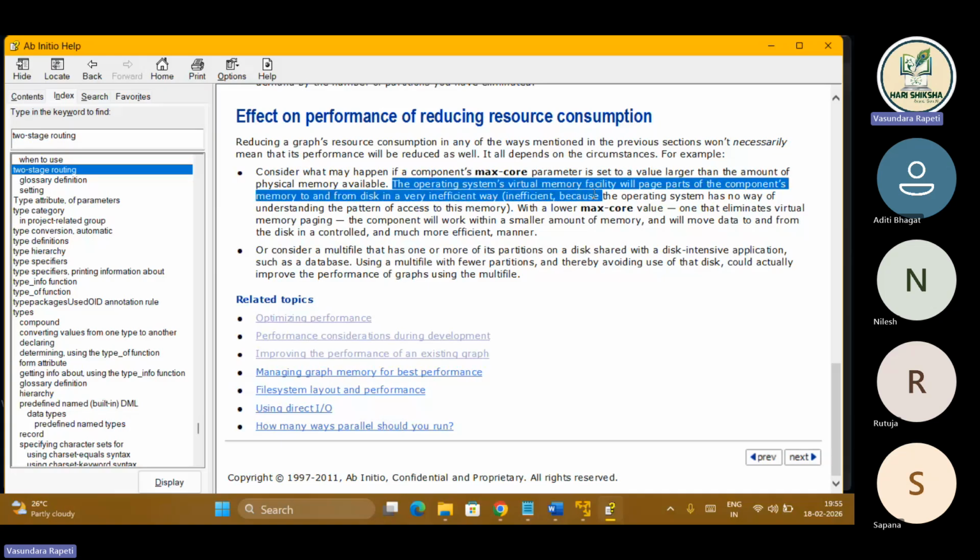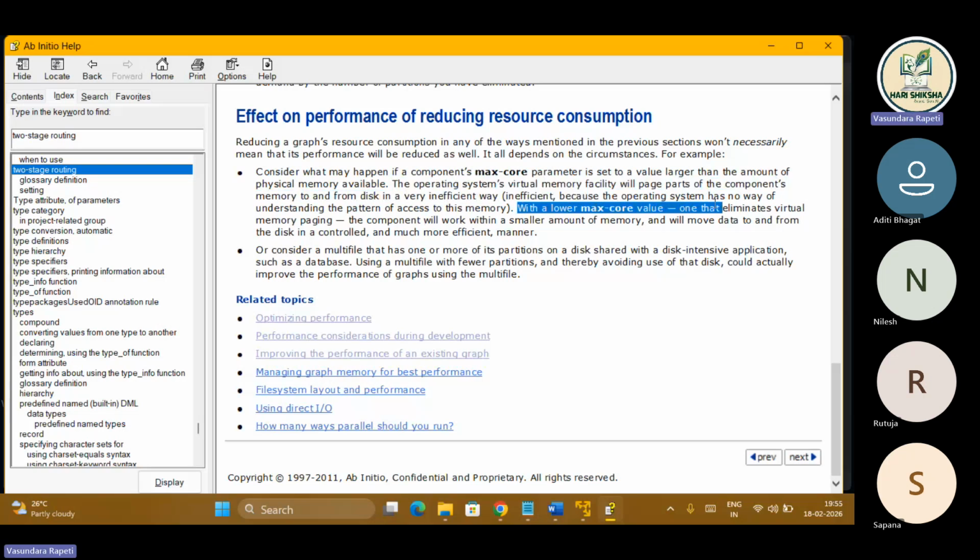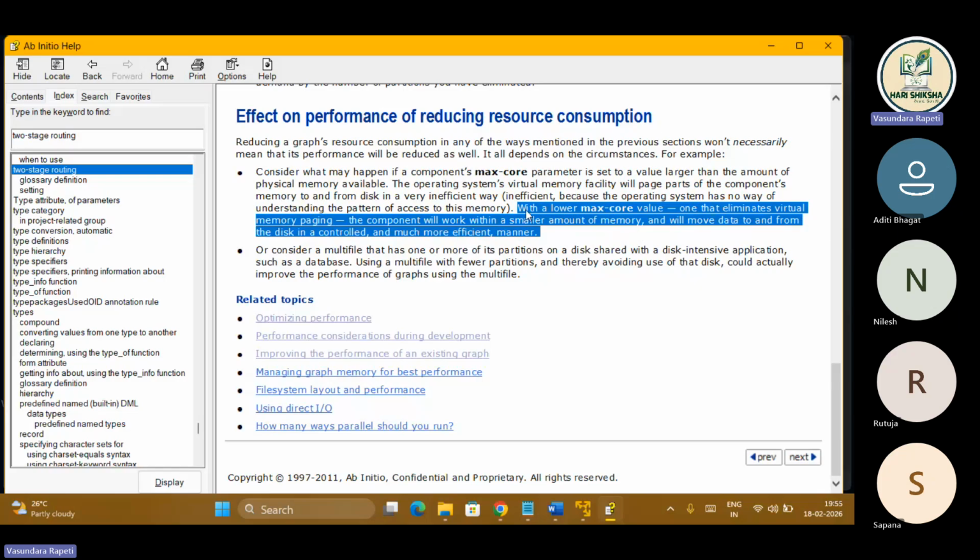Ab Initio's virtual memory facility will page parts of the component's memory to and from disk in a very inefficient way with a lower max-core value. One that eliminates virtual memory paging, the component will work within a smaller amount and will move the data to and from the disk, so it will cause spillage.